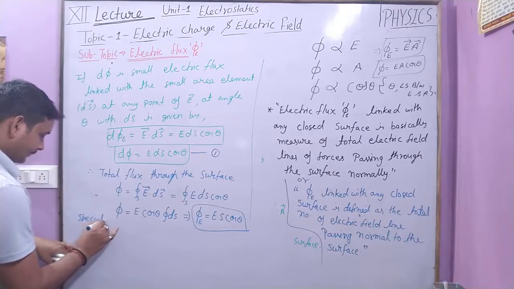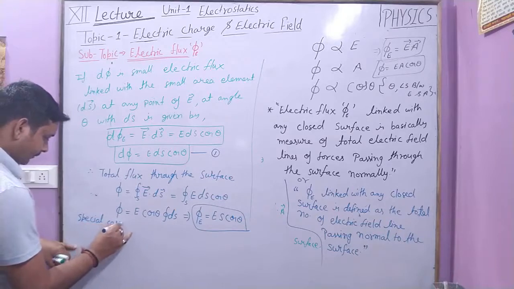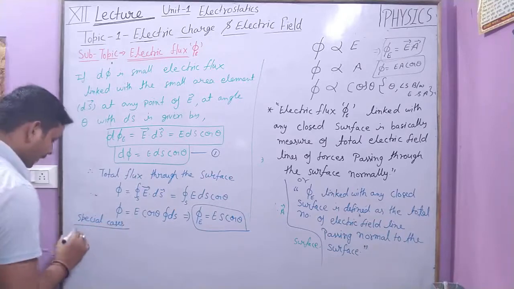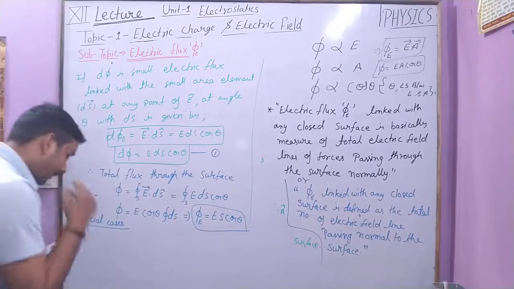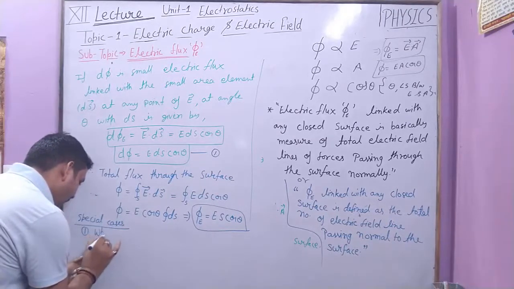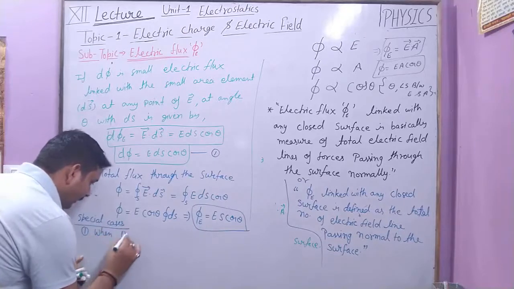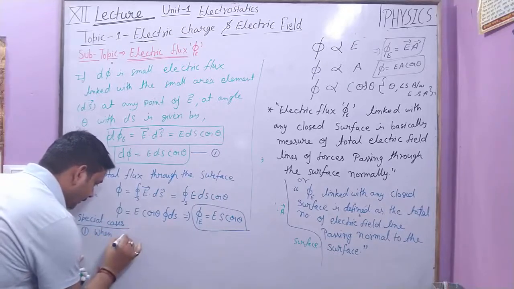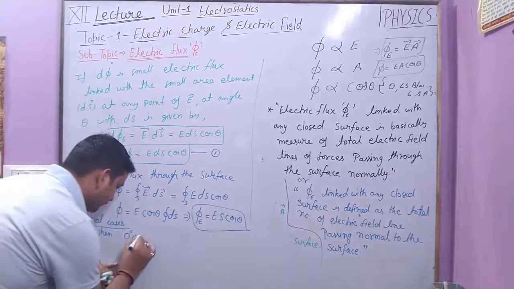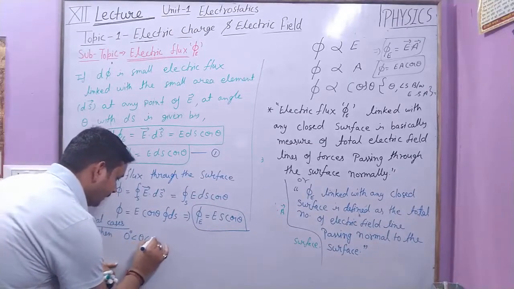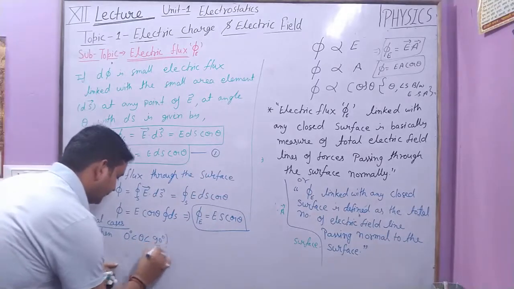Now there are some special cases. Okay, first we have when theta is greater than 0 but less than 90 degrees.